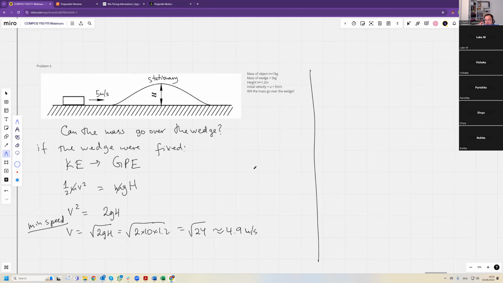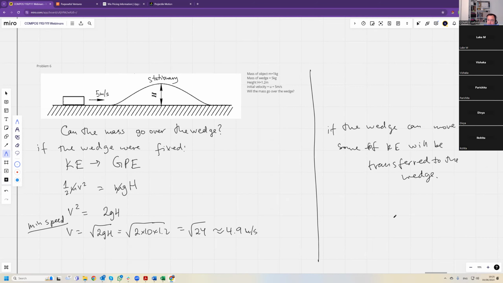But because the wedge can move, while the mass is climbing the wedge, it will transfer some of the momentum to the wedge. Some of the kinetic energy will be transferred to the wedge.